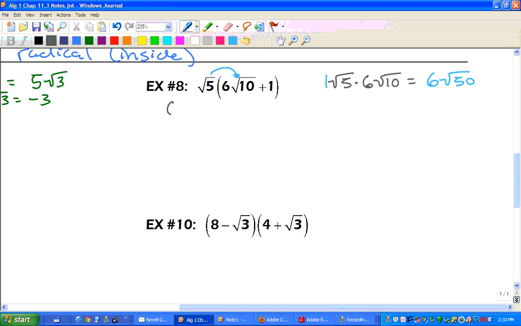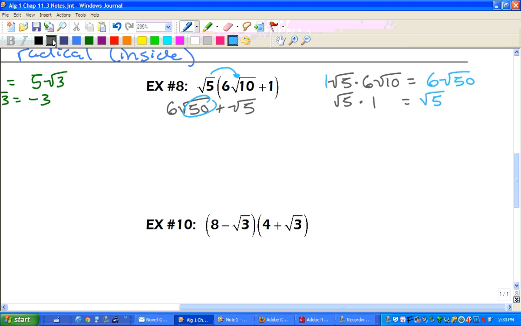So we get 6 root 50. And then the other one, we have root 5 times 1. And that's going to give us just root 5. And we have 1 root 5, but we really don't need the 1. So plus root 5.